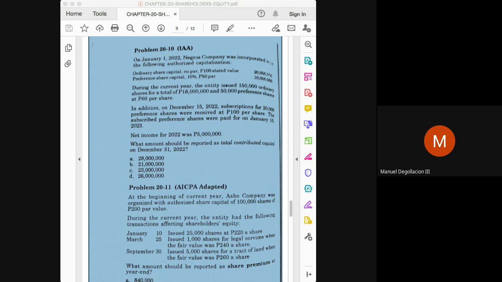Okay, and you would also be including your subscriptions capital even though the shares are not yet fully paid and were not yet issued. So just remember share capital, share premium, and subscribed capital.